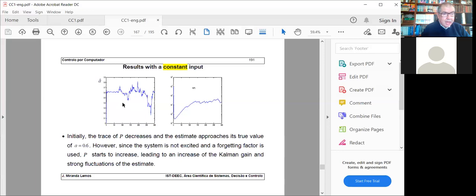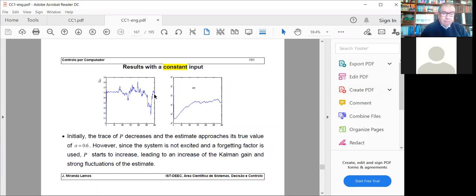And after a while, this increase in P causes an increase in the gain, and the gain is so big that you start to be very sensitive to noise, and you have these wild variations. Okay, so your estimate started going up and down in a way which has very little to do with the true value. Okay, this is the so-called covariance wind-up.